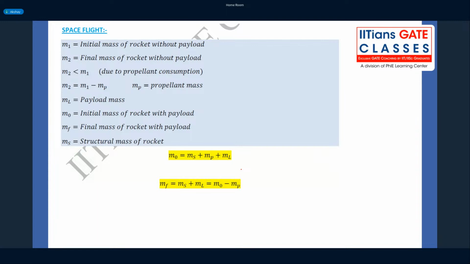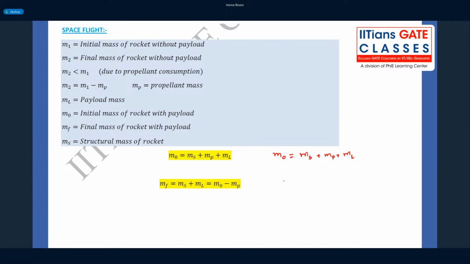The total mass at the start we can usually denote with the sum of all the masses included: the structural mass, the propellant mass, and the payload mass. Let me denote ml as the payload mass, mp as the propellant mass, ms as the structural mass. The subscripts stand for those terminologies, and we can rearrange it.